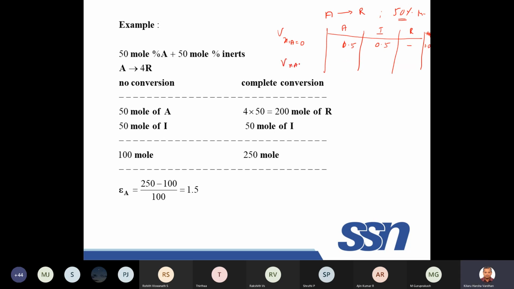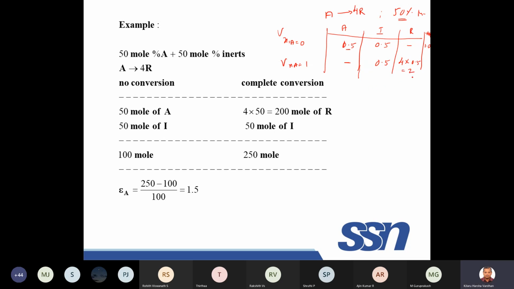V at Xa equal to 1, that is the final conversion. A will be 0, because the entire A is getting consumed. Inert is 0.5. How much R is formed? Let it be 4R, so R formed is 4 times 0.5, because only 0.5 is there. That is equal to 2.